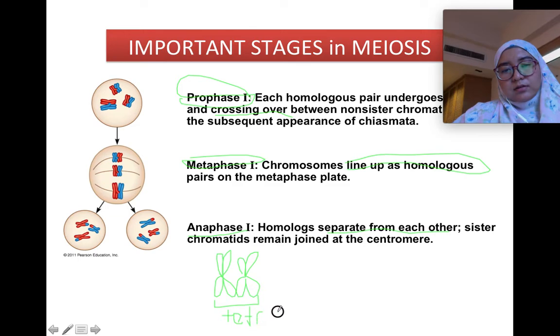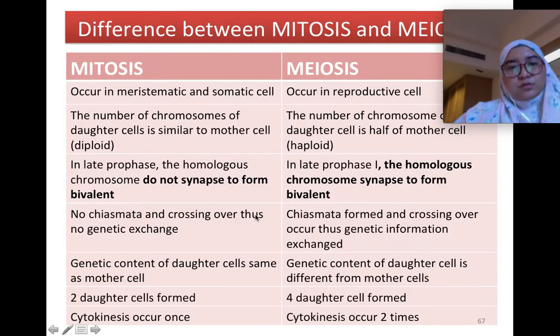Tetrad. Okay. Or bivalent, if I'm not mistaken. So actually in meiosis, most of the important events happen in meiosis 1: prophase 1, metaphase 1 and also anaphase 1.